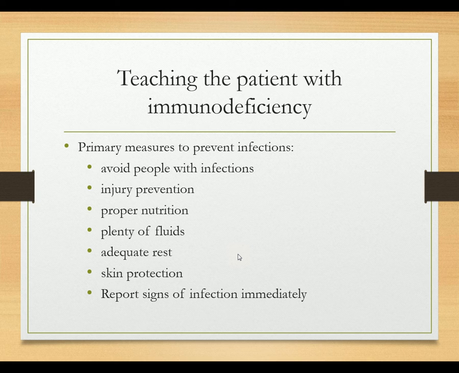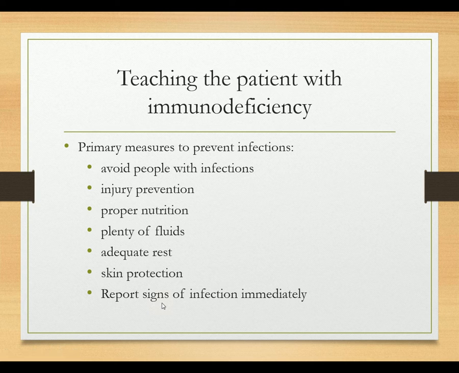Of course, number one, avoid people with infections. Injury prevention, proper nutrition, plenty of fluids, adequate rest and sleep, skin protection, making sure that we are protecting the skin with some of the immunodeficiencies. So we're trying not to do very many invasive procedures if we can avoid them. And then, of course, reporting signs of any type of infection immediately.